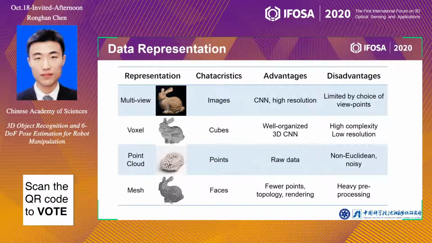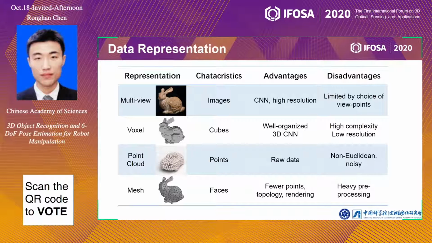A point cloud is a set of points. It can be directly obtained from sensors, thus it is most widely used in industry. And meshes are composed of faces. It contains topological information and is often used in graphics. With rendering techniques, 2D images can be generated from it. However, it requires heavy pre-processing to obtain high-quality meshes.